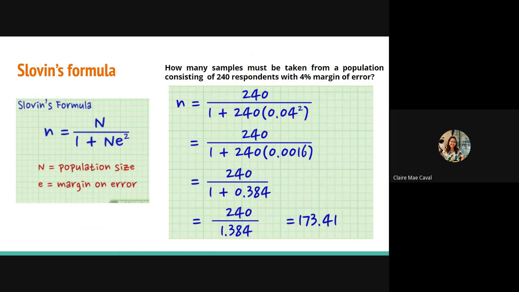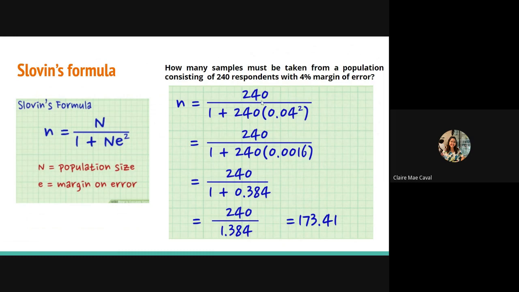For example here, how many samples must be taken from a population consisting of 240 respondents with 4% margin of error. Margin of error, class, is the probability of committing an error. Usually it's 5%, but for the problem here, let's use 4%.